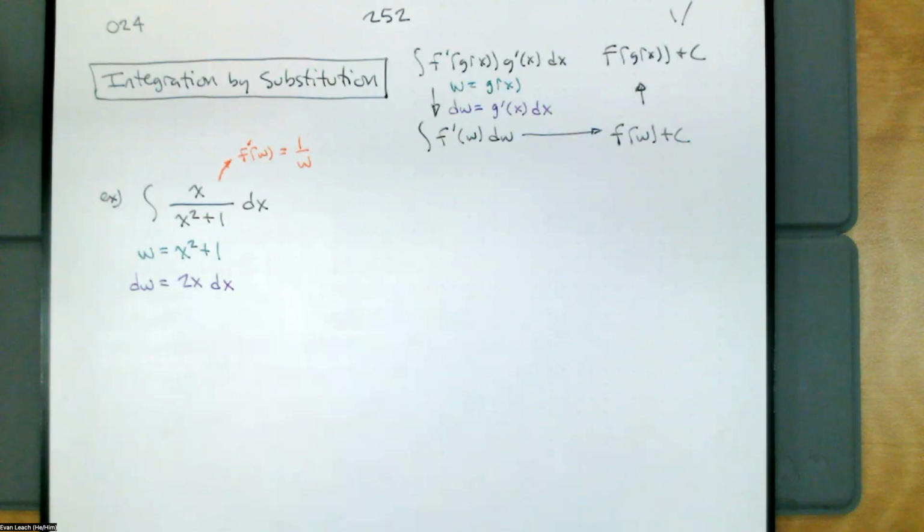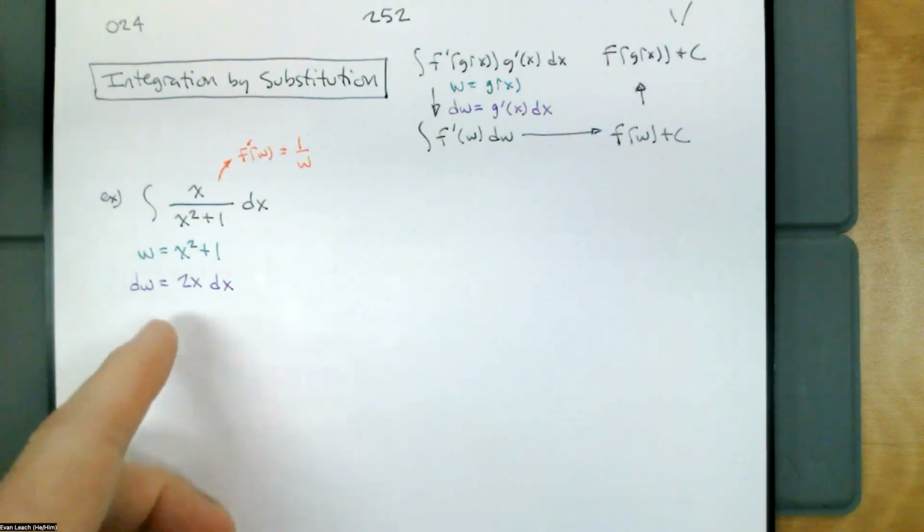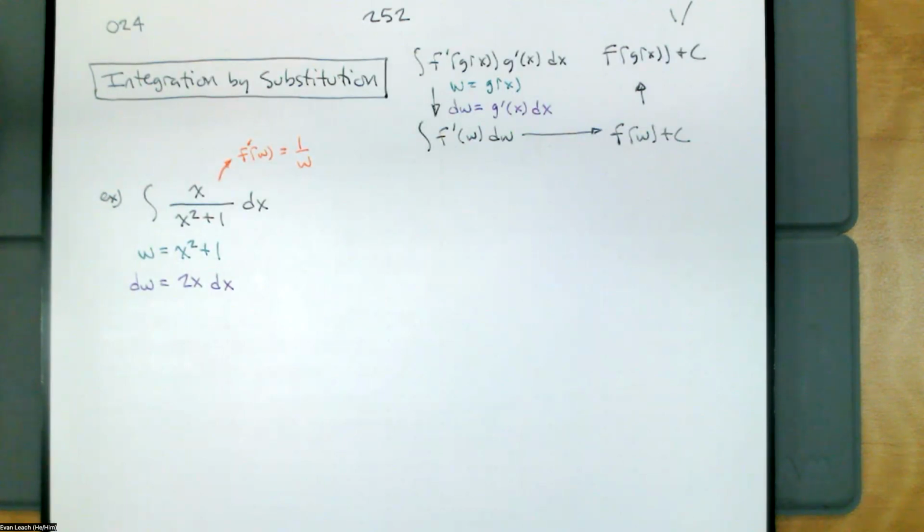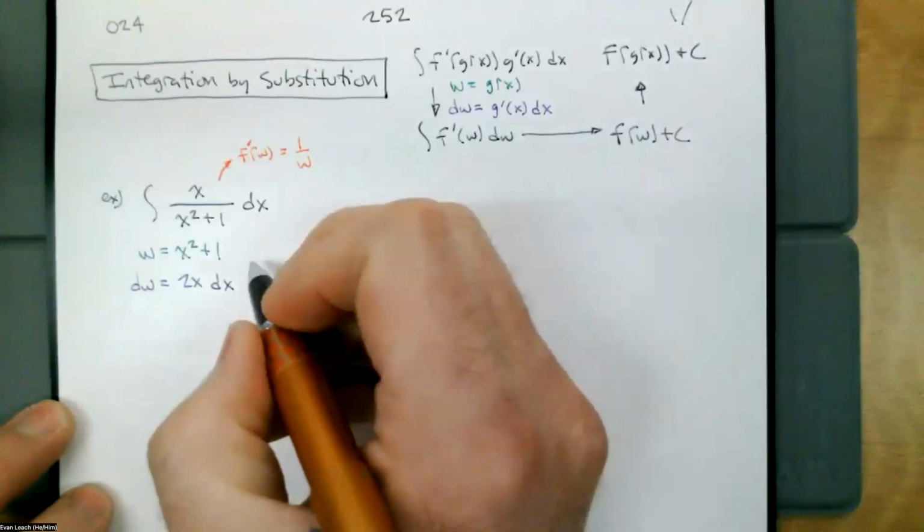We look back at our integral and we don't see a 2 times x dx, but we do see an x times dx. That is, the dw is being multiplied by a constant. We can be off by a constant factor. We don't have 2x dx, we've got x dx.